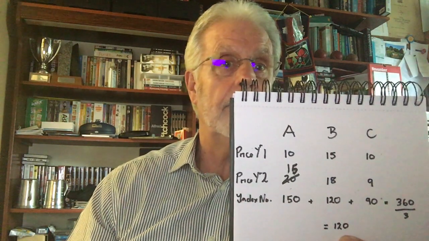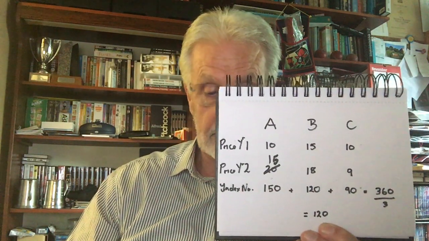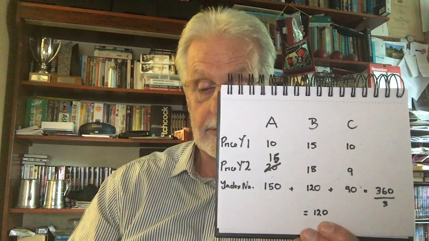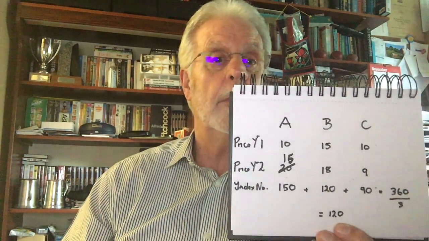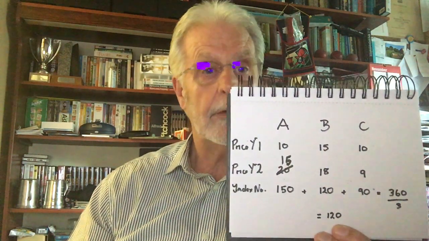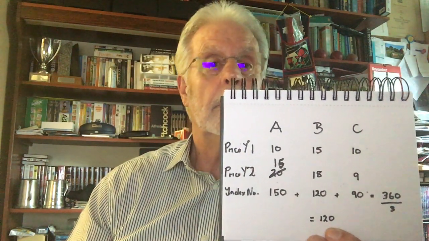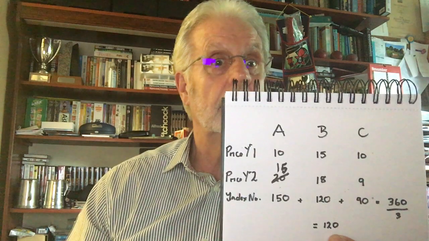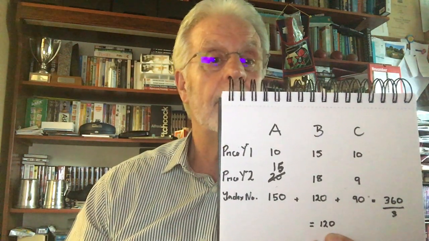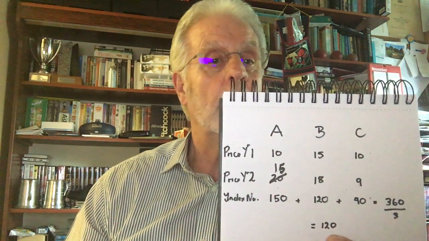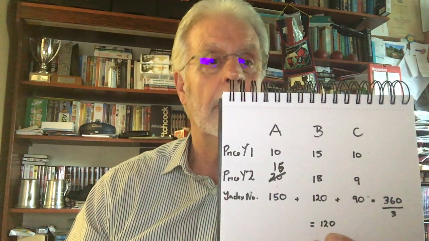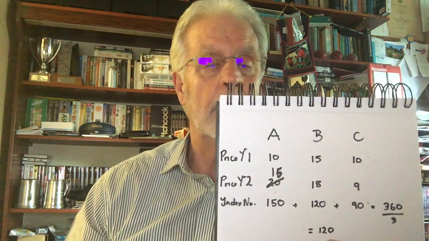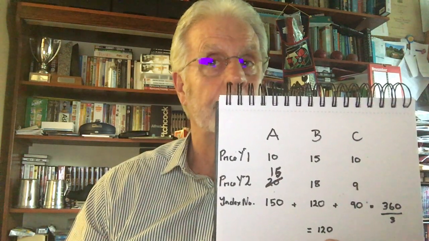Now if you want the average of those three numbers, nice and easy, isn't it? You just add 150 to 120 and 90 and you get 360. You divide by 3, and you've got an average for year 2 of price increases or output increases or whatever it is you're measuring. It's 120. In other words, on average, these numbers have gone up by 20%.